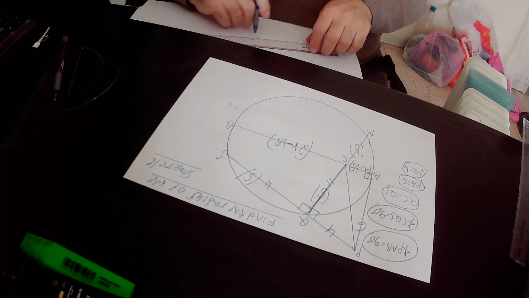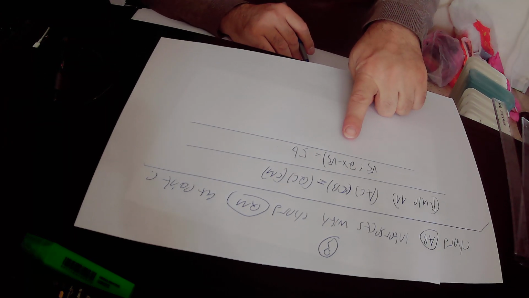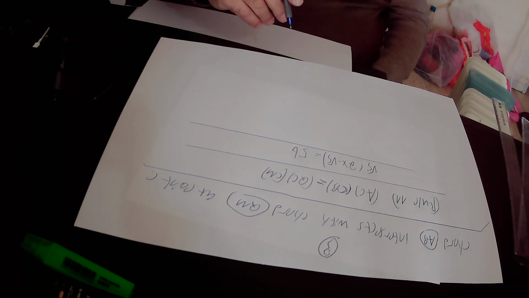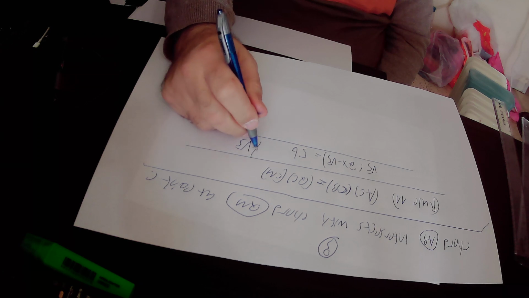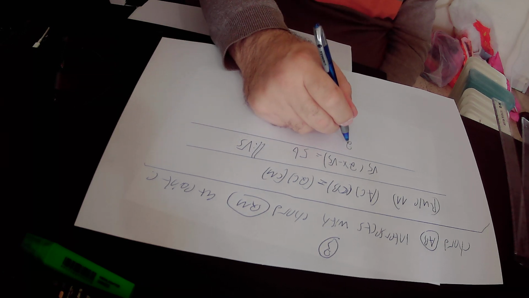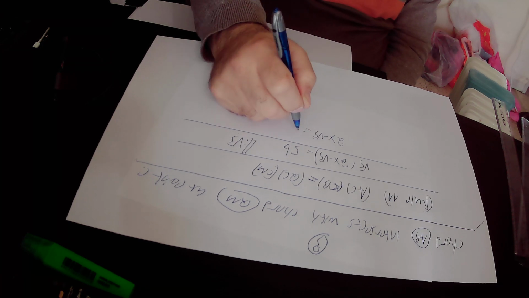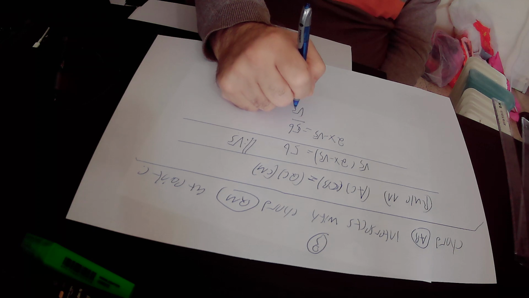So in conclusion, we found out that according to rule number 11, square root of 5 times 2x minus square root of 5 equals 5b. Here we divide this equation by square root of 5, and we get that 2x minus square root of 5 equals 5b over square root of 5.